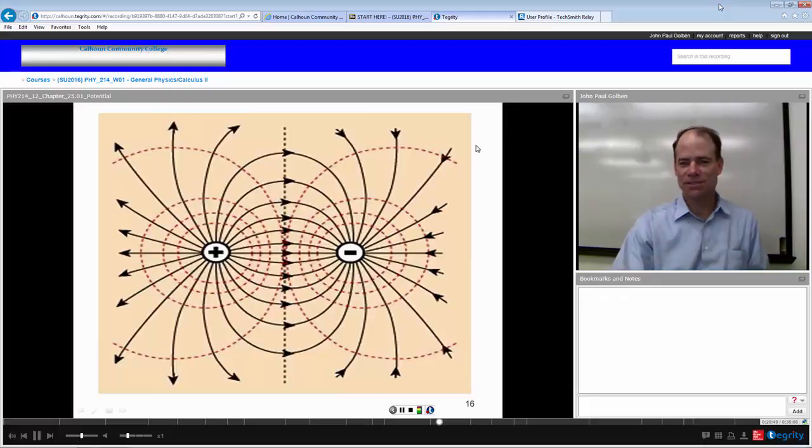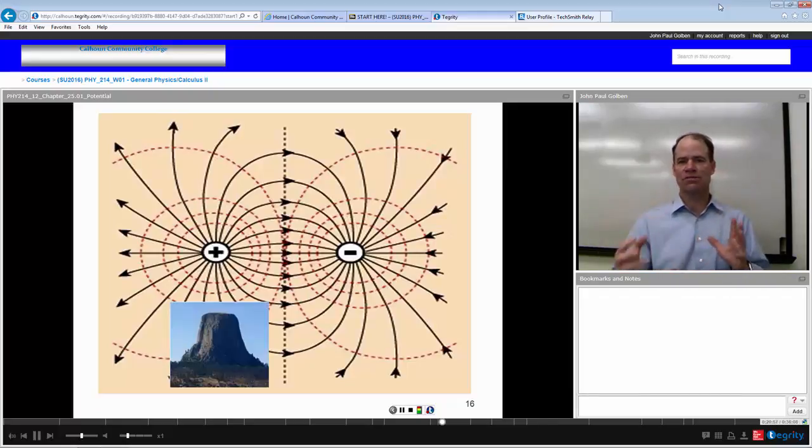But imagine that we have a positive charge, and if we were to map the potential around that positive charge, it might look like this contour map associated with the tower, where we have these separate contours representing a steepness of the slope.